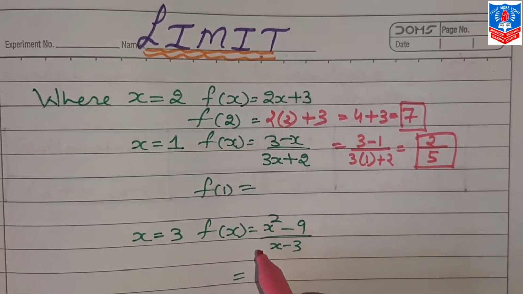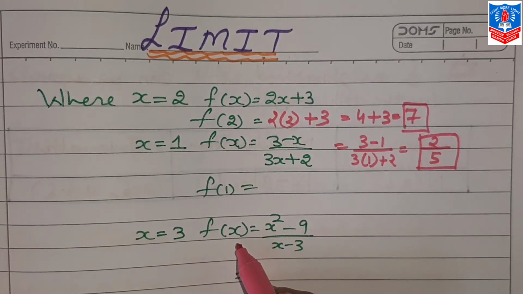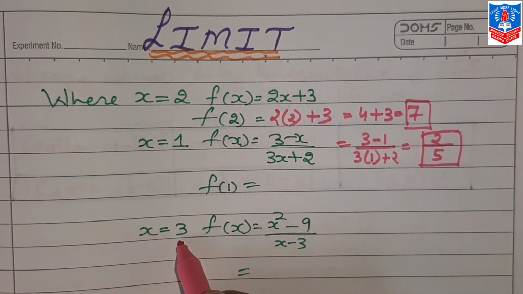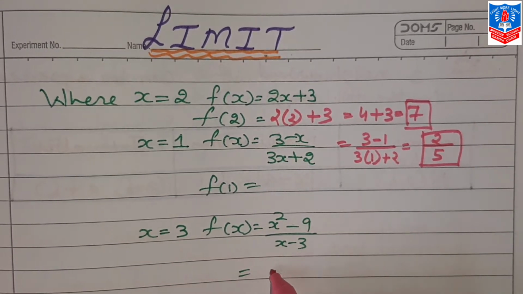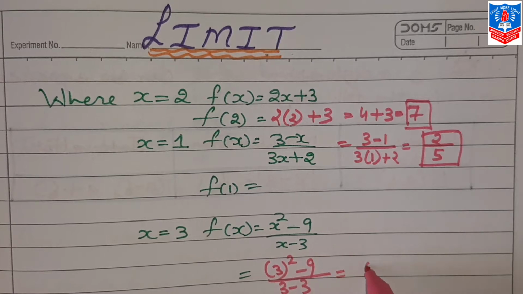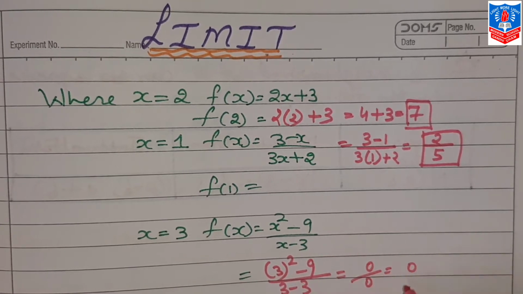Same way, f(x) is equal to (x square minus 9) upon (x minus 3), and if we put the value of x as 3, in that case 3 minus 3, now this will be 0 upon 0.